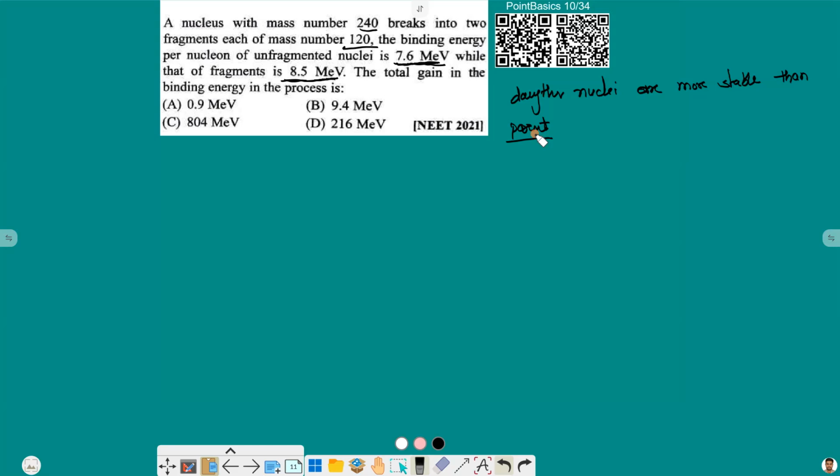Okay. So now, to find out the total gain in binding energy, what can we do?